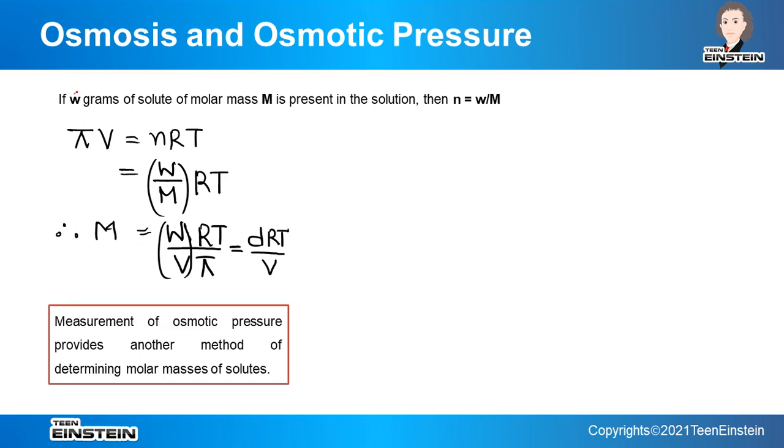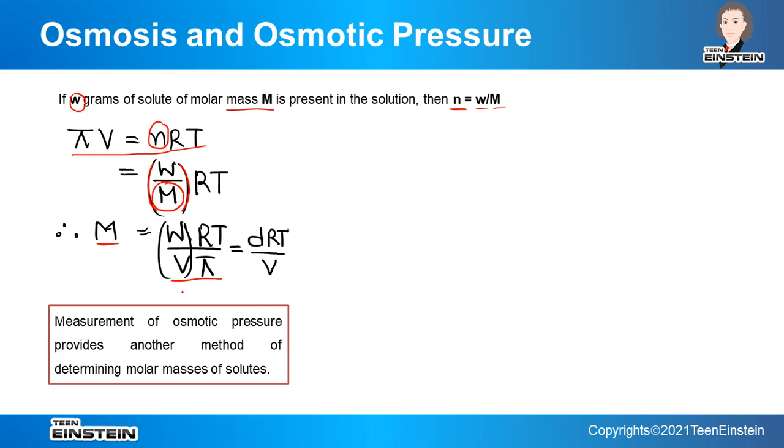Suppose W gram of solute, having molar mass M, is present in the solution. What will be the number of moles? The number of moles will be given by mass divided by molecular weight, that is W by M. Now in this equation, in place of n, we can write W by M. If we want to find the molecular weight of the solute, we can keep M on the left hand side, and on the right hand side we will have WRT by V pi.